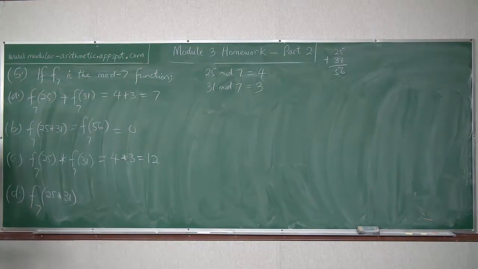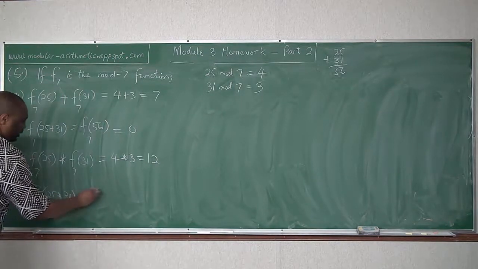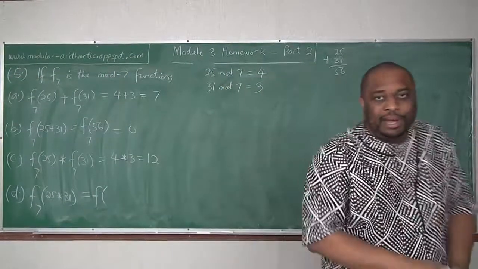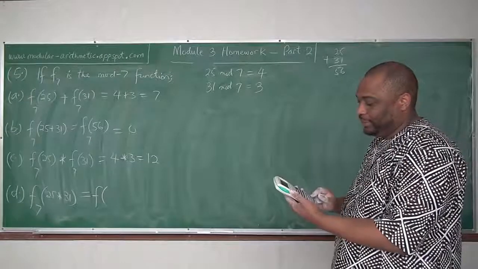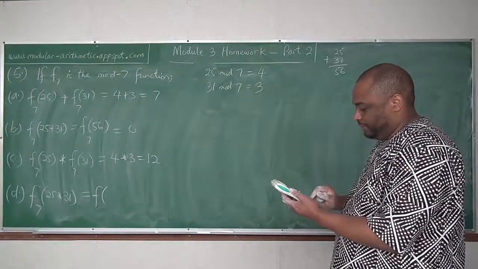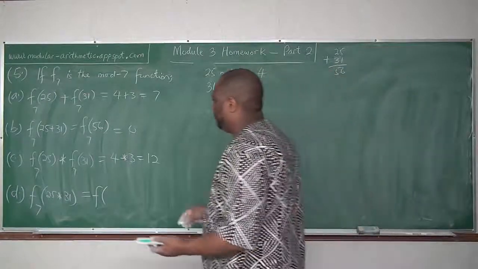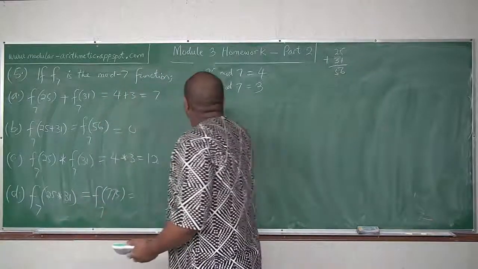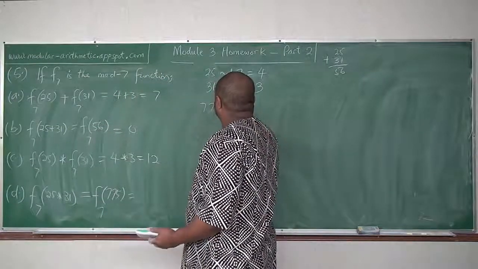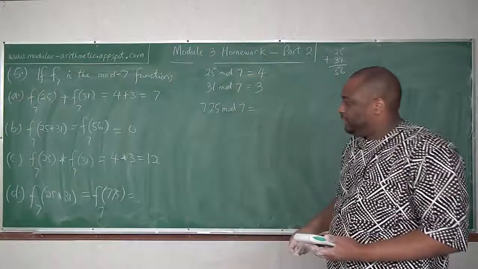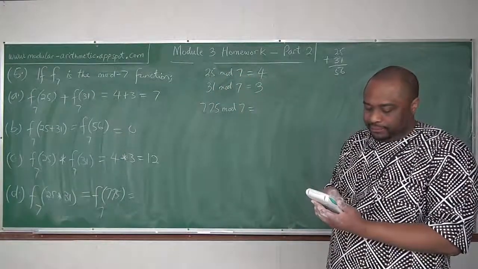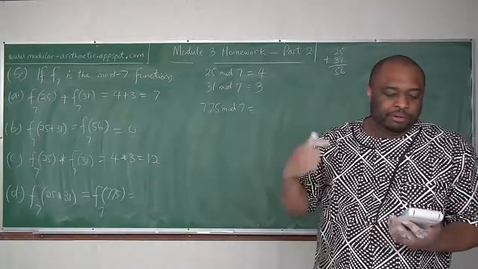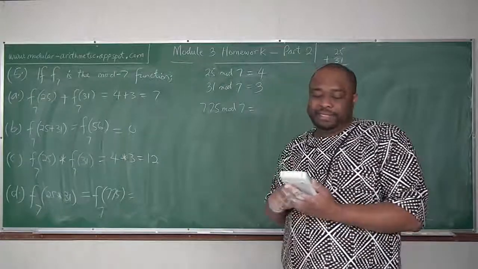And then this will give us what? 25 times 31. I would have solved this without a calculator, but because of time, 25 times 31 is 775. 775 mod 7 will give us what? 775 divided by 7 is 110.7142857.